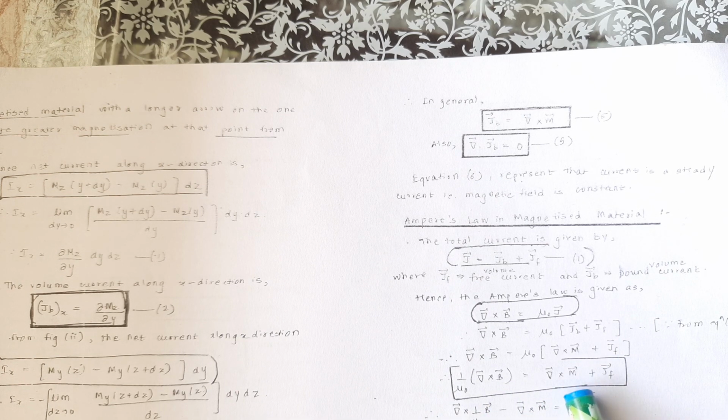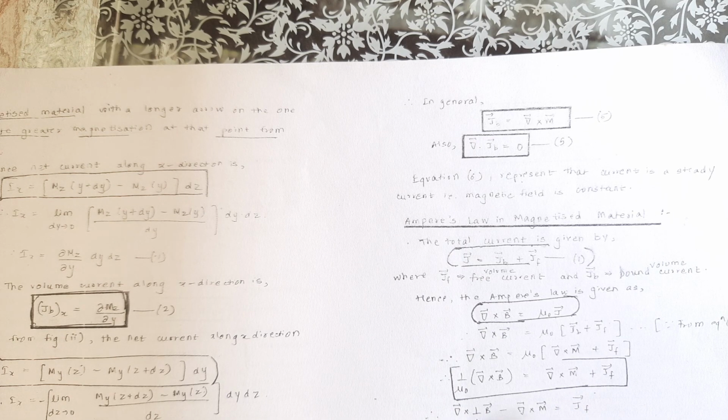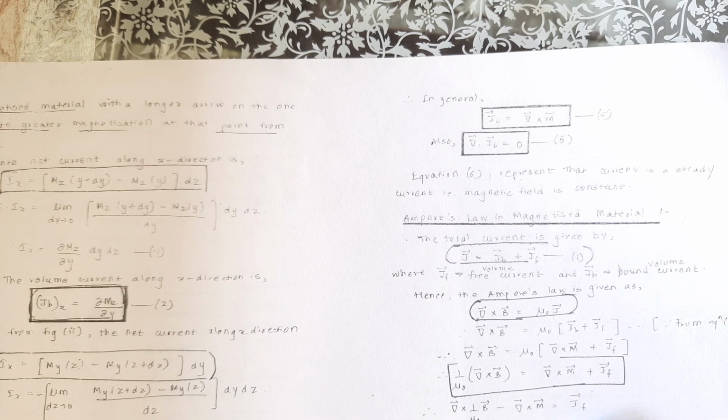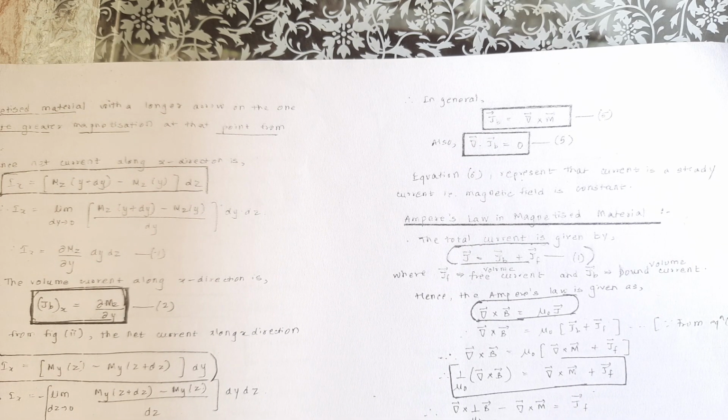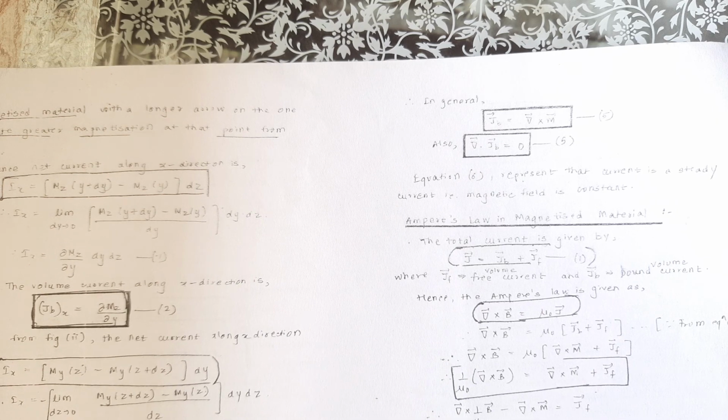So del bar cross M bar we take on the LHS side, and we write del bar cross B bar upon mu 0 minus del bar cross M bar is equal to J_f bar. So del bar cross of (B upon mu 0 minus M) is equal to J_f bar.